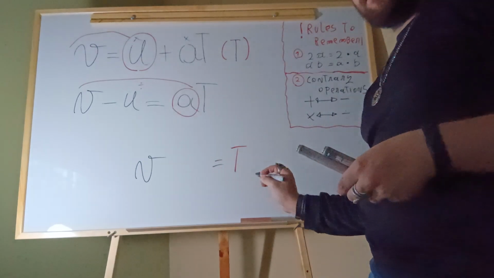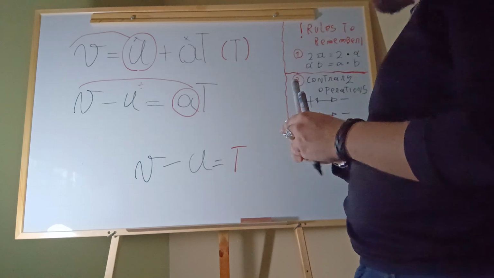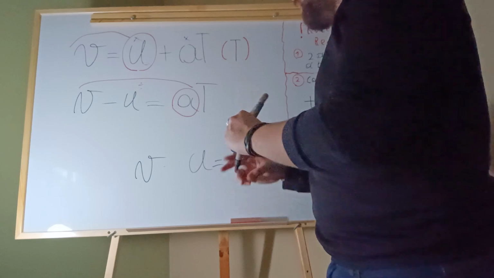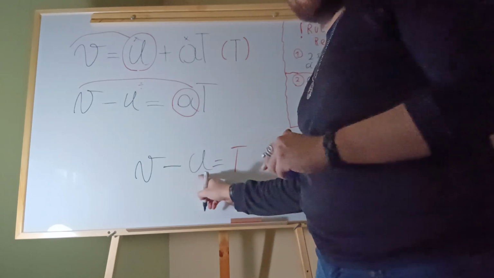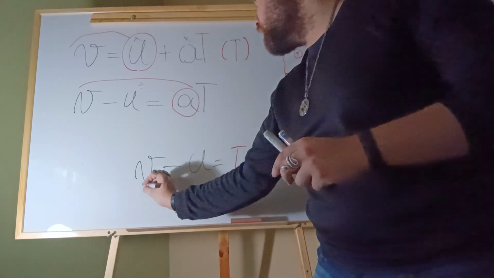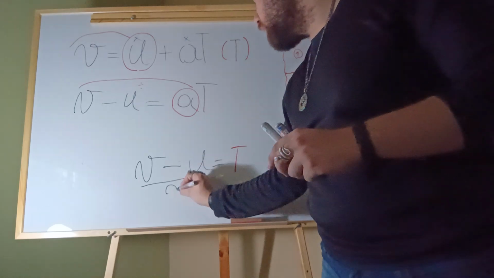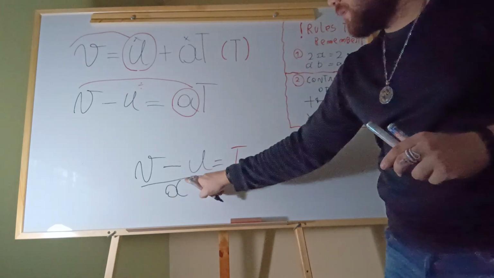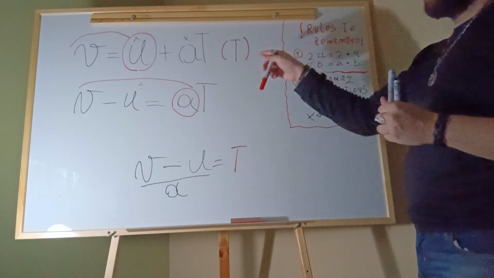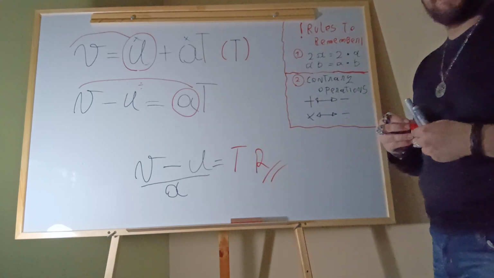UV minus U, right, and the A that is multiplying is going to divide everything that we have. And this would be the answer of the first exercise. It would be the answer, la respuesta.